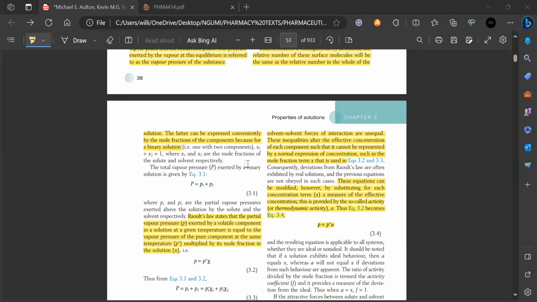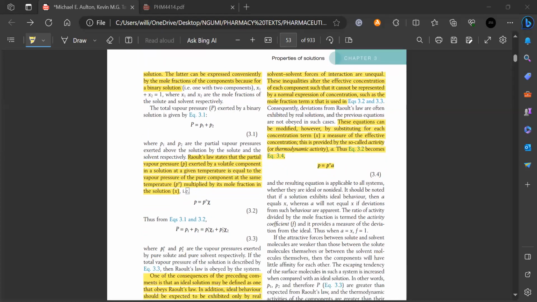So if we take an equation where x1 is the mole fraction of the solute and x2 the mole fraction of the solvent, x1 plus x2 should give you 1 in our ideal situation. And now if we change that to vapor pressure, P1 for the solute and P2 for the solvent, it should equal P, which is the vapor pressure of the whole solution, or the binary solution, or the ideal solution.